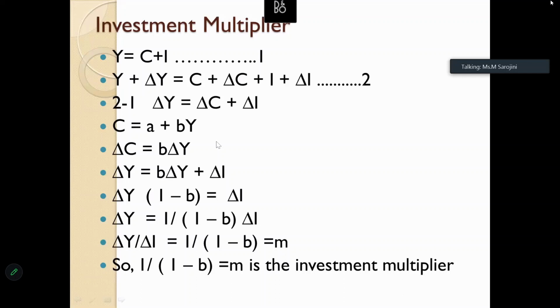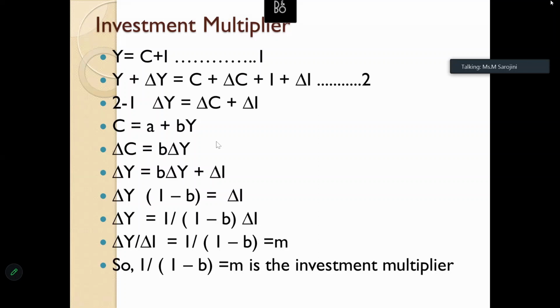In the last class we discussed the national income equilibrium for the two-sector model using the aggregate demand and aggregate supply functions, as well as the saving and investment functions. We derived the consumption and the saving at the equilibrium level of income.